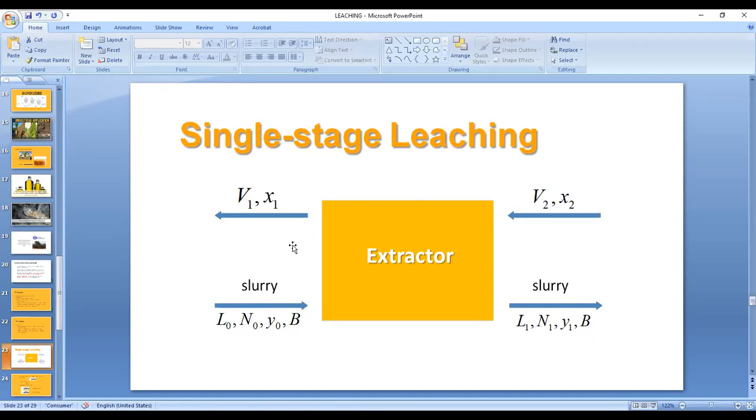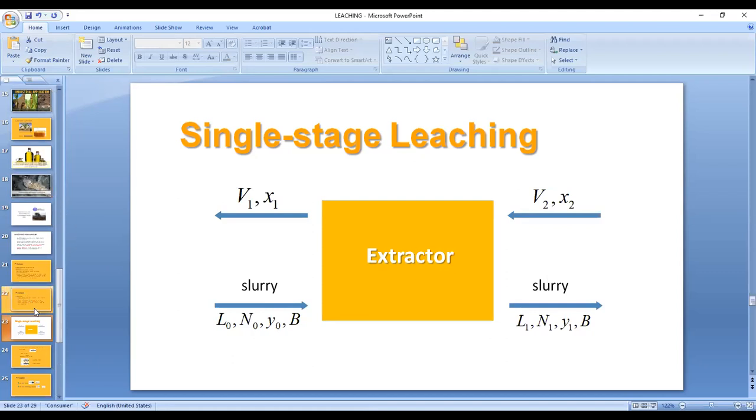So they are the same in extraction, and they are the same in terms of the manner of expressing concentration. Extraction has it in terms of mass fraction. Leaching is also in terms of mass fraction. Gas absorption, stripping, and distillation have it in mole fraction. So take note of that. But they are all represented as X or Y.